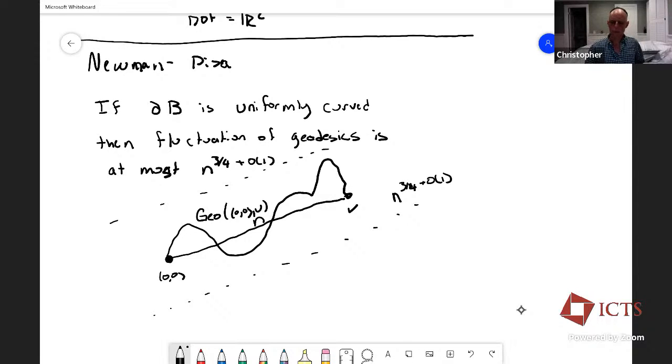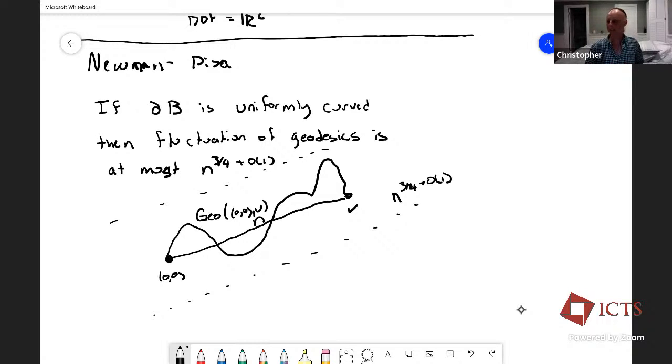And by uniformly curved, well, the boundary is this nice curve in the plane. So I can calculate the curvature of it, and this is stronger than needed. But we could say the curvature is always between 1 and 100. It's always bounded below by something, and it's always bounded above by something. So if the curvature always exists, and there's a uniform bound below and uniform bound above, then we get this result here.